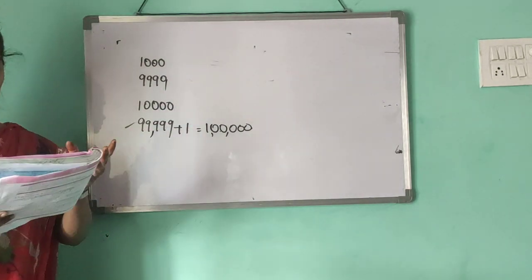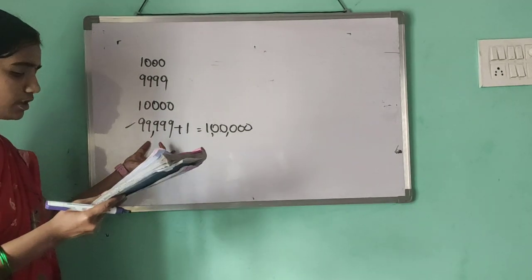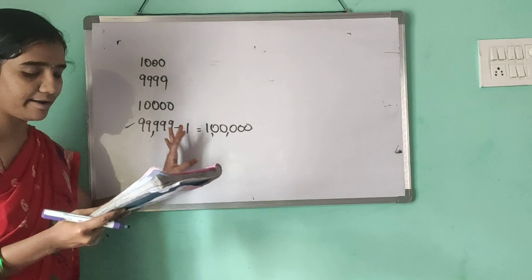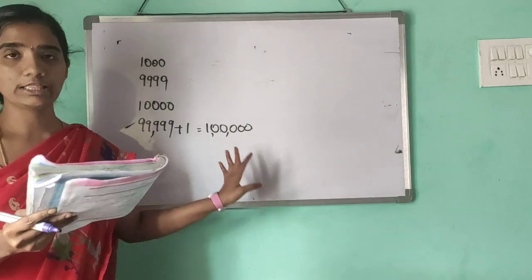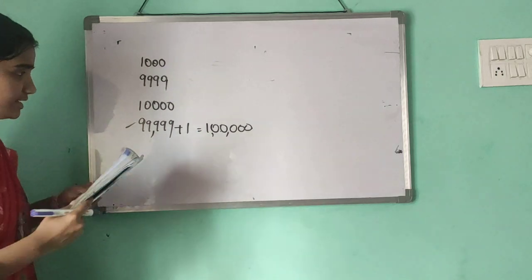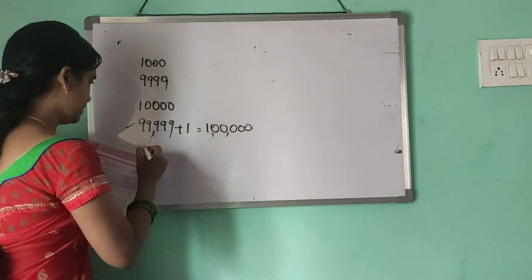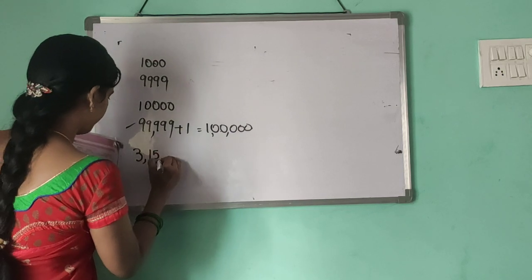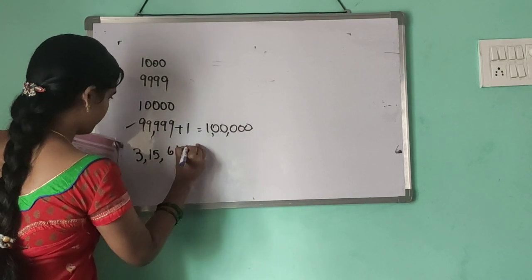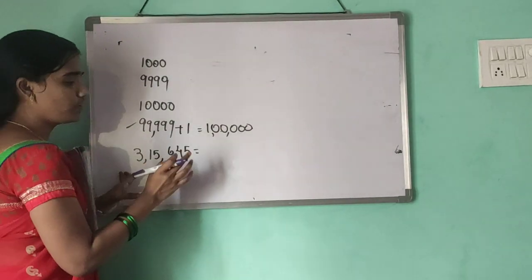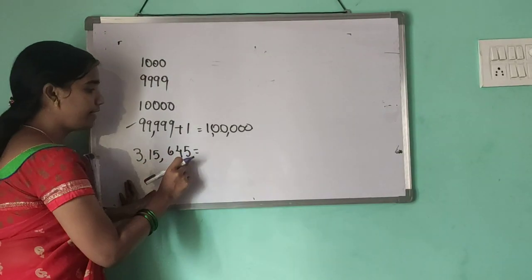Now can you say how many tens there are in 1 lakh? How many hundreds are there in 1 lakh? How many thousands are there in 1 lakh? How can you say that? Let us take 3 lakh 15 thousand 654. Here let us expand it. First we have to check how many digits are given.